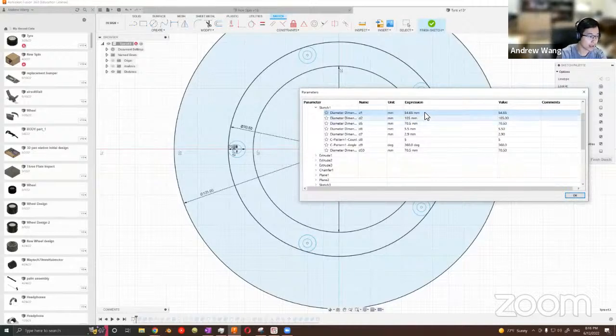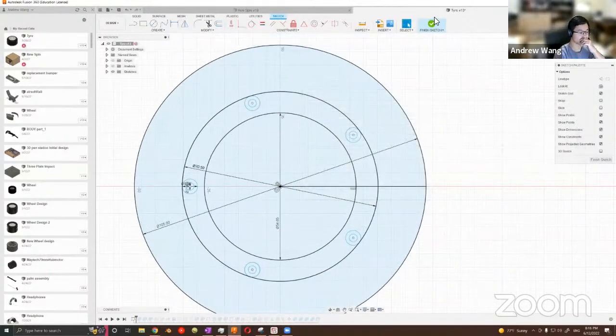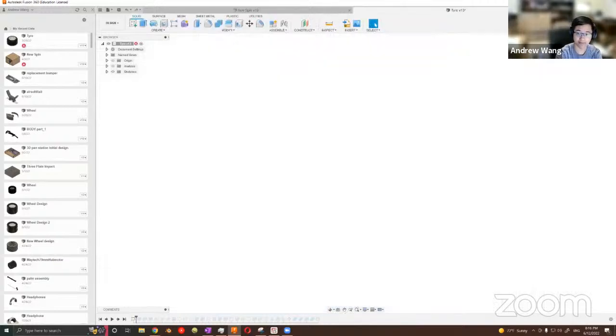Say I wanted this value over here, the overall inner diameter of this, to be half the size of my largest diameter, my largest circle over here. So I can put in 105 divided by 2, or D2 divided by 2. I can make that half of it. And all of a sudden you see that change right over there. I'm going to change that back, but that is an example of variables. All right, let's go on.